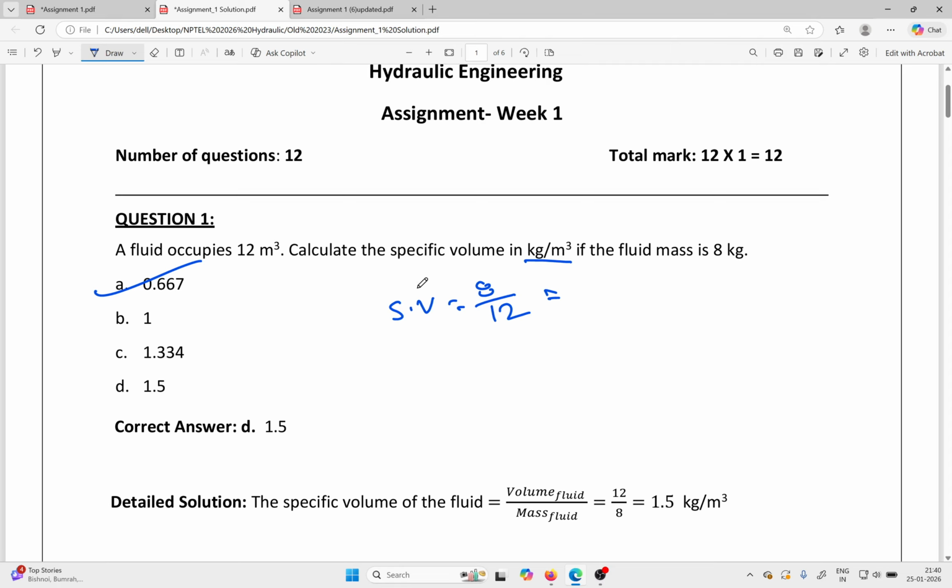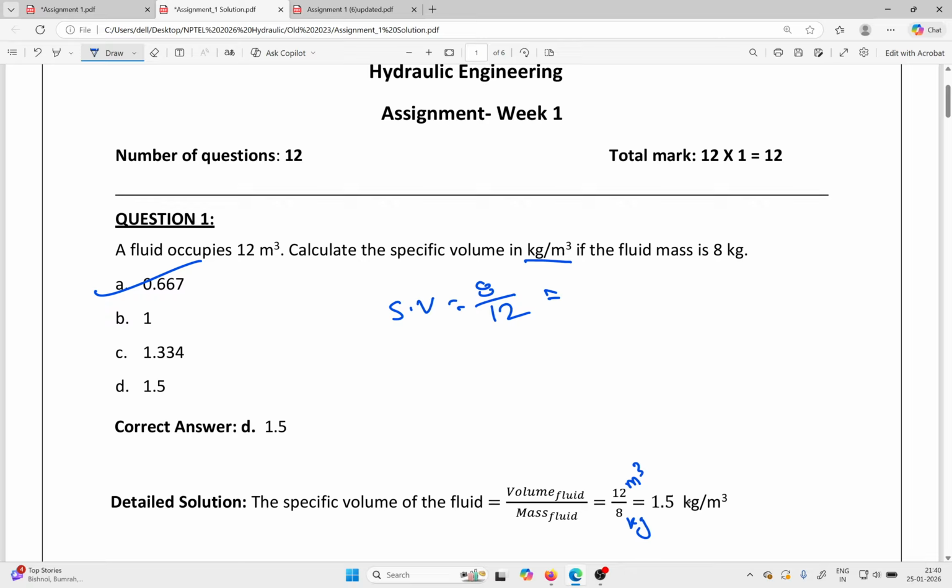So how is this possible? I think there is a mistake in the question. Here you can see the volume in meter cube and the mass in kg.